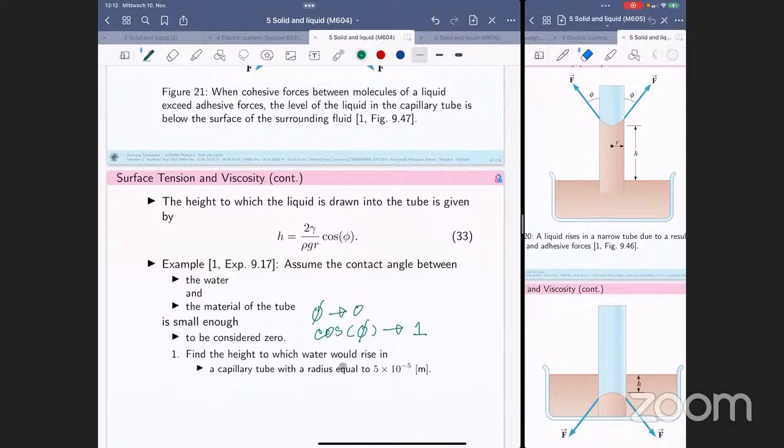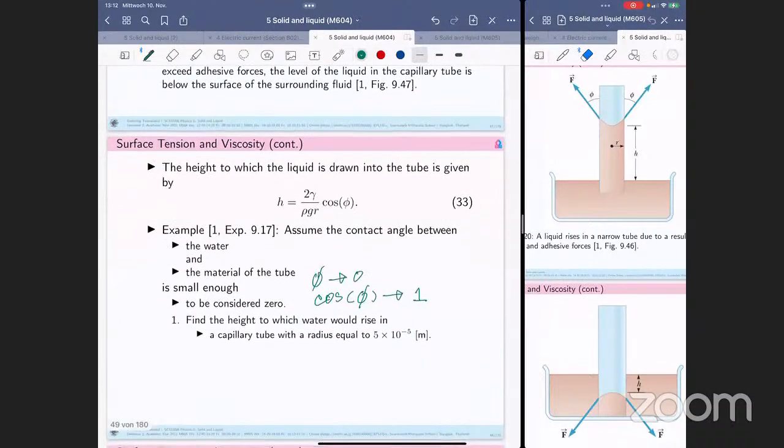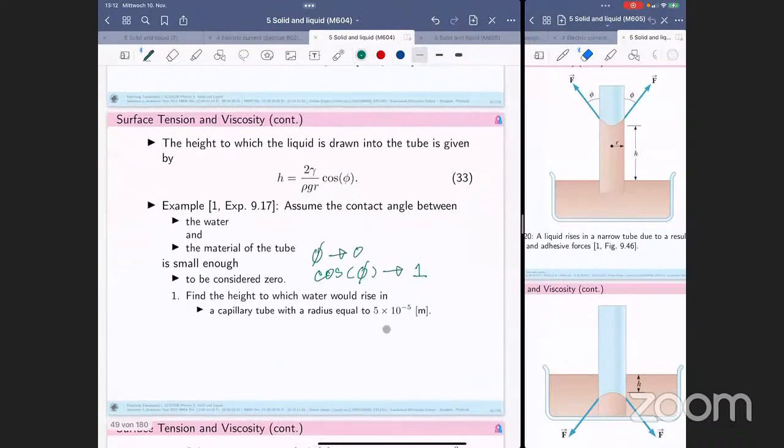Find the height to which water would rise in a capillary tube with radius equal to 5 times 10 to the negative 5 meter. So what is that? It is R, right? R in this figure is measured from the center of the capillary tube to the wall of the capillary tube.